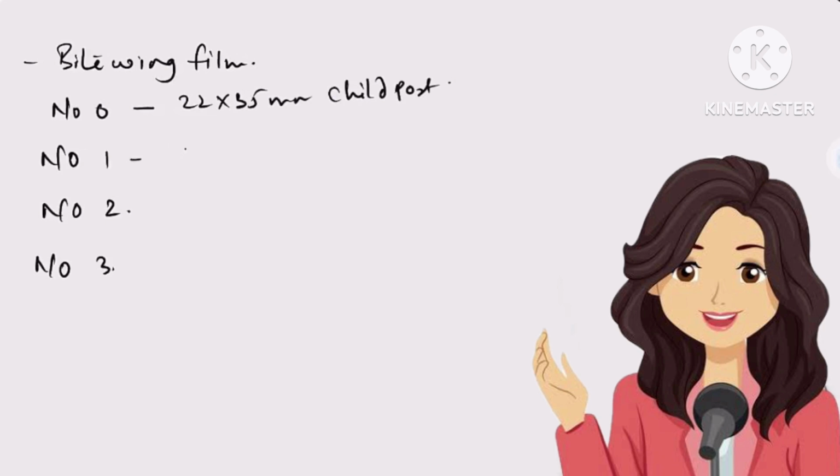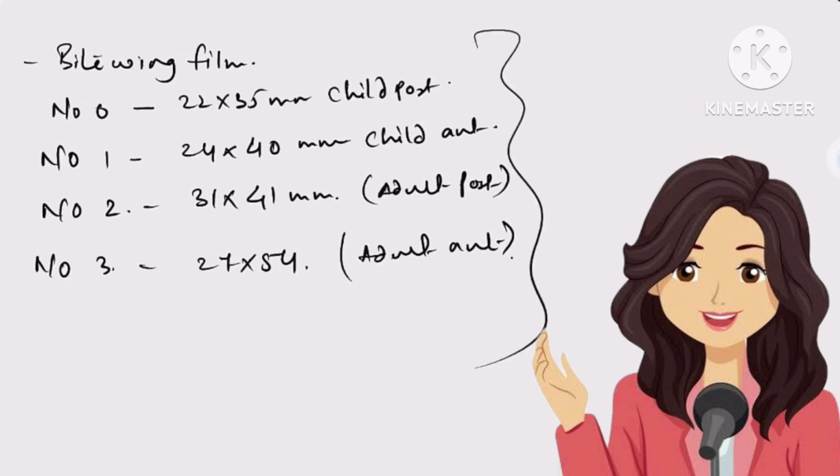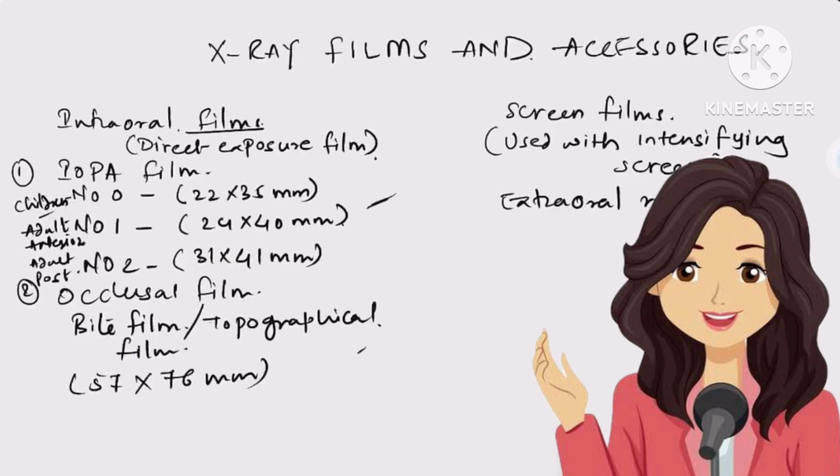Number 1 is for child anterior tooth. Number 2 is for adult posterior teeth. Number 3 is for adult anterior teeth. Alright. This you can remember, but most important is the occlusal and the IOPA. Bite wing they can ask rarely, but IOPA film and the occlusal film they can ask very often.